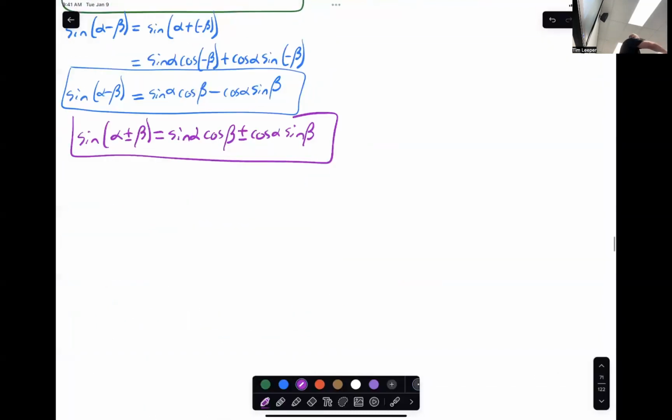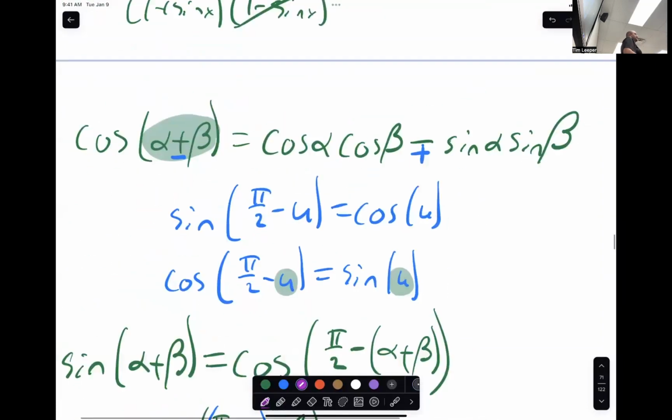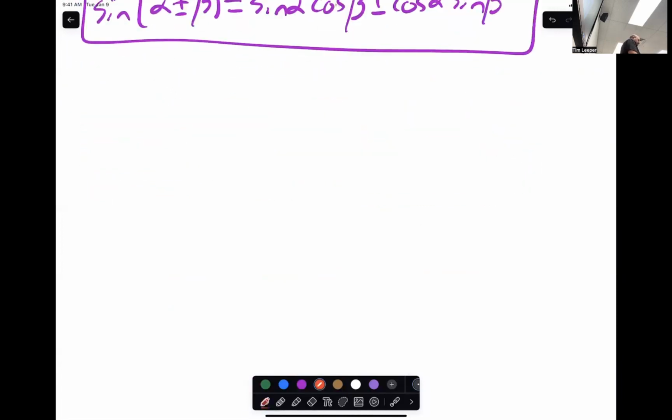So we now know the cosine of a sum or difference up here: cosine of alpha plus or minus beta is equal to cosine alpha cosine beta minus plus sine alpha sine beta. Down here, sine of alpha plus or minus beta is sine alpha cosine beta plus or minus cosine alpha sine beta.